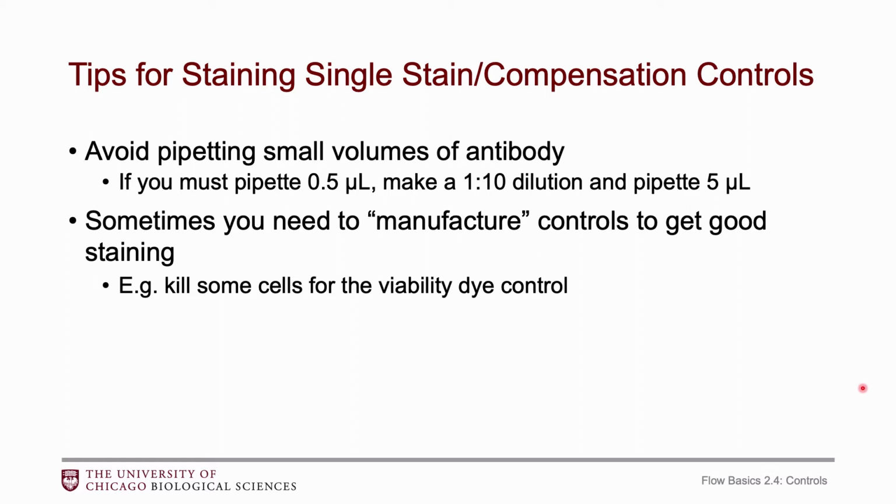So if you are lucky enough to have a really good sample prep that doesn't have very many dead cells in it, then I would strongly recommend killing some cells and using those, or mixing dead cells and live cells, to create the control for your viability dye. Then you're going to know that you have a really nice population of positively stained dead cells within that control.